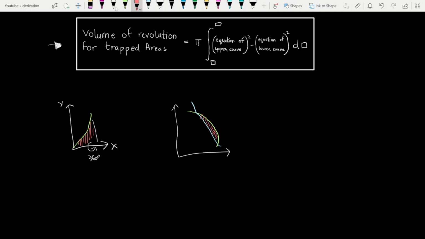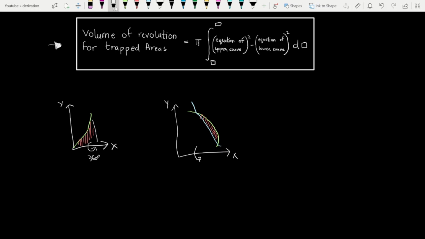You can see that this trapped area is not between the curve and either of the axes, but instead it's trapped between this curve, this line right here, and this curve over here. So let's say you're trying to rotate this about the x-axis and find the volume of rotation. How do you do that?